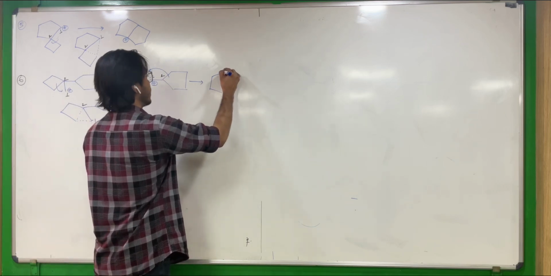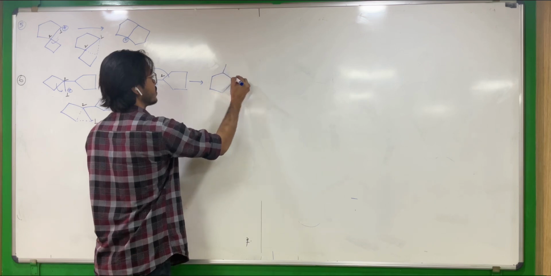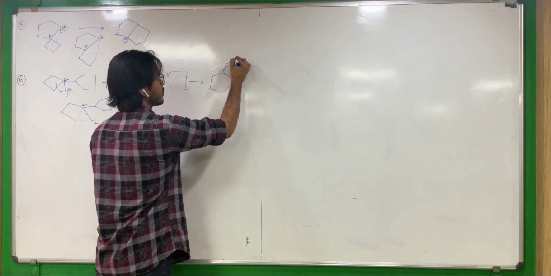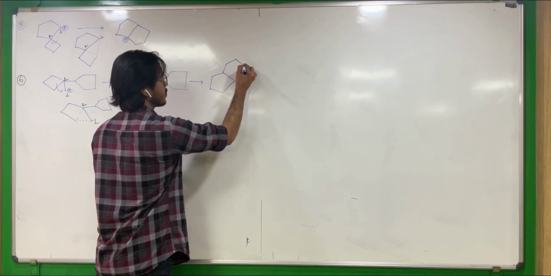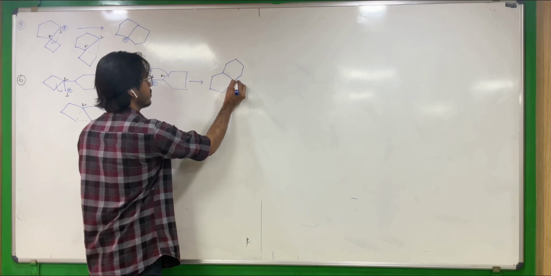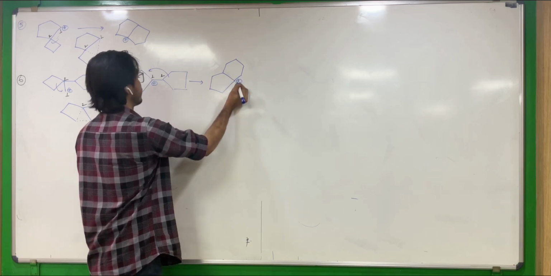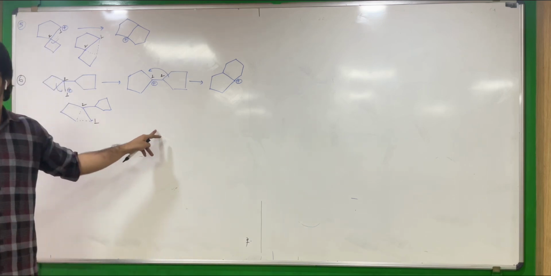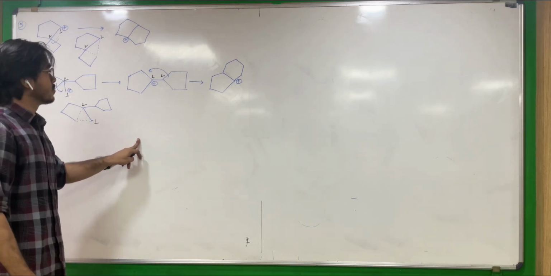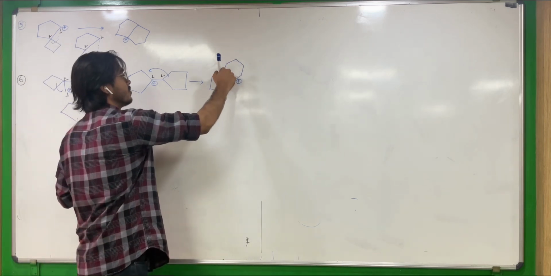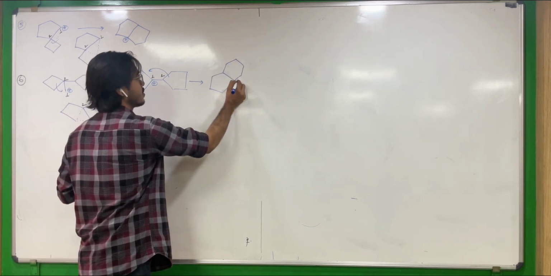So the product will be like this. This is the product we will get, and here the positive charge will come. So 1, 2, 3, 4, 5, 6. So this is the final product we will get.